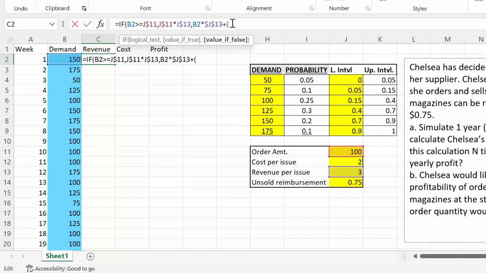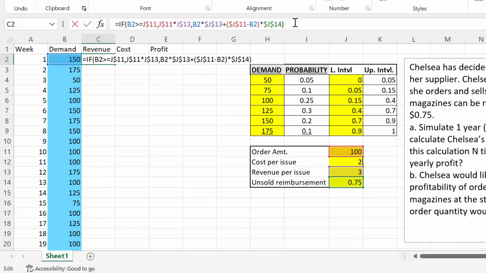What we'd be doing is 100, and again I've got to make this an absolute address, so function F4, and then we would subtract that from what this is, and that's how many I would have left over, and then that would get multiplied by the unsold amount. The difference between the two is the unsold amount, and again I would need to do function F4 because we're always going to be referring to that. Then we close that off with a bracket.